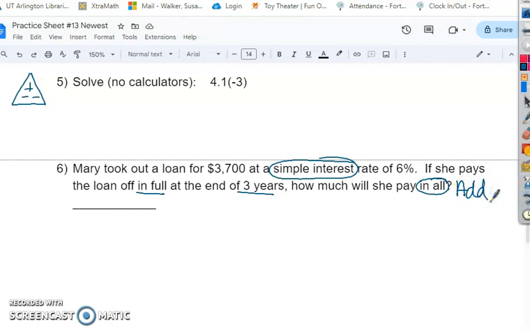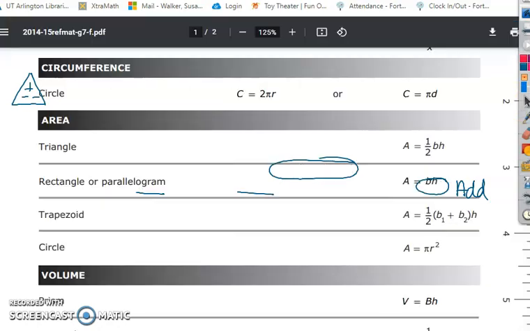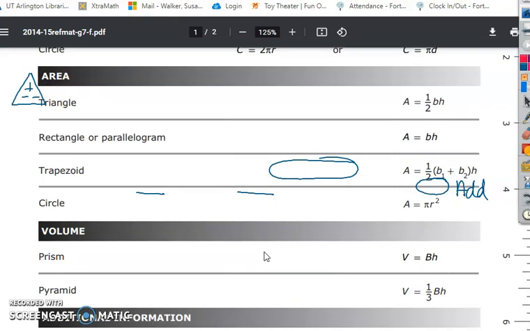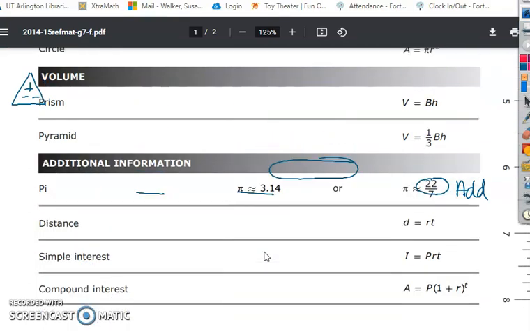Okay. So when you see simple interest, it is pretty much the same, guys. It's change the percent to a decimal and multiply, but we do have a special formula for it, okay? So on here, simple interest, I party, right there. I equals PRT, okay?